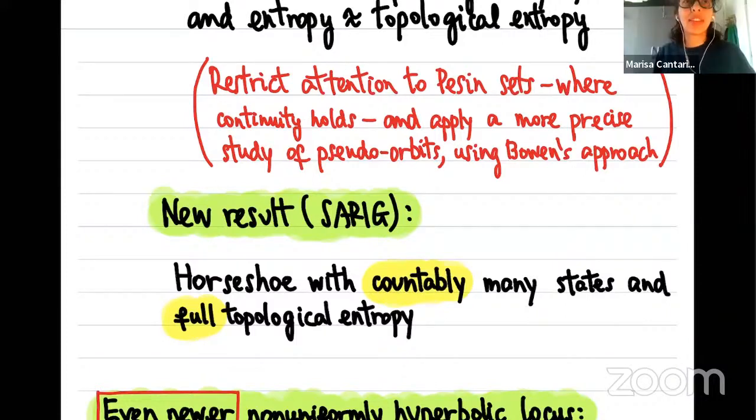I might have missed something, but what do you mean by full topological entropy? Is it a measure with maximal entropy? You talk about metrical, okay. Yes, exactly. So we are able to get the measure of maximal entropy and get the coding of this measure for almost every point of this measure.